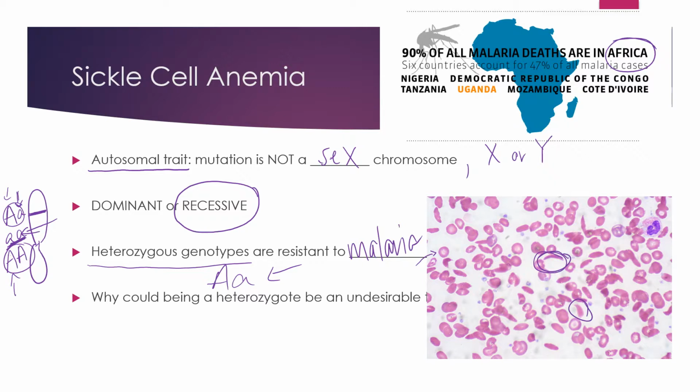So being a heterozygote might be an undesirable trait because if you are carrying an allele for sickle cell, it's recessive, so you don't have it because you have one dominant allele, and you meet someone who's also a carrier for sickle cell, and you decide to have a child with them, that's going to give your child a 25% chance of having sickle cell.